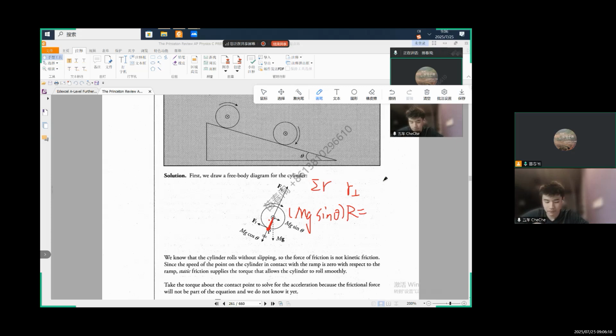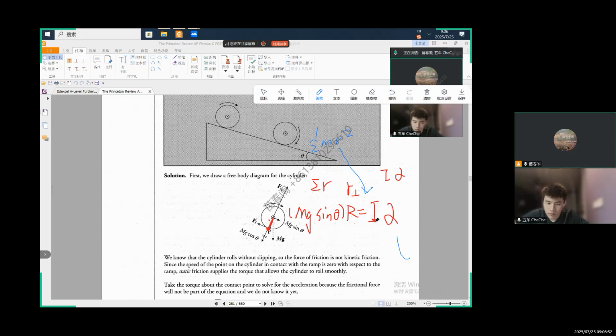I can use I alpha, right? So here's the I and alpha. What's I then? Wait, is alpha the acceleration? What's I, the inertia? What's alpha again?